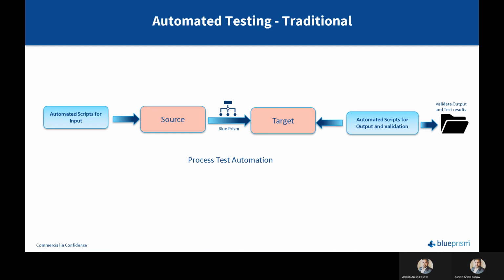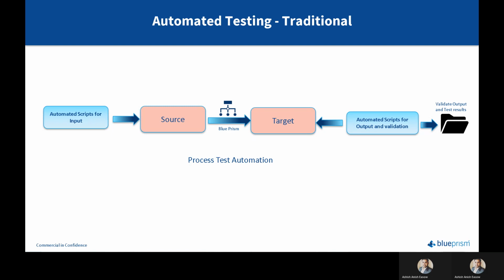Now, there is something called process test automation, which is used in a lot of IT projects, right? In process test automation, the tester writes scripts to, first of all, put in the inputs. And this could be anything. This could be a file.